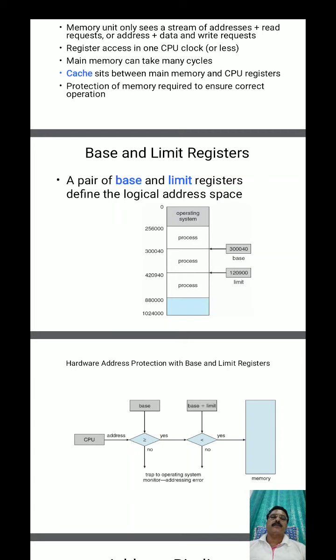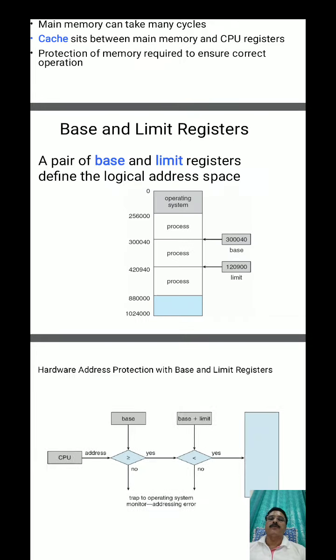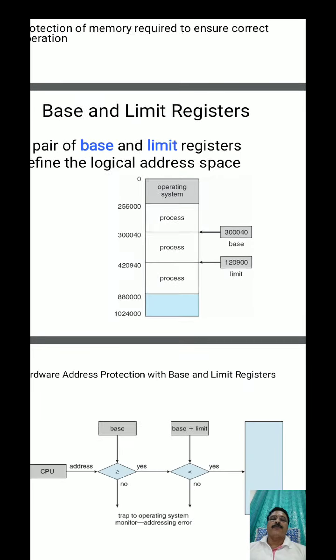The base register has the value 300040 and the limit register has the value 120900. Now, to compute the address of memory, the value of the limit register indicates the size of the memory and the base register indicates the place where that memory block or process begins.